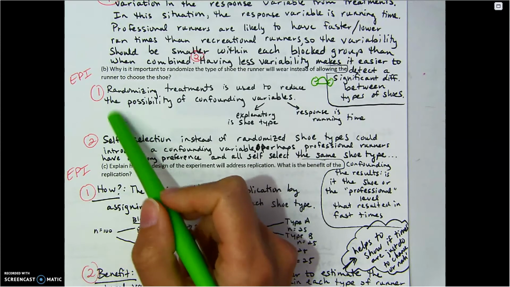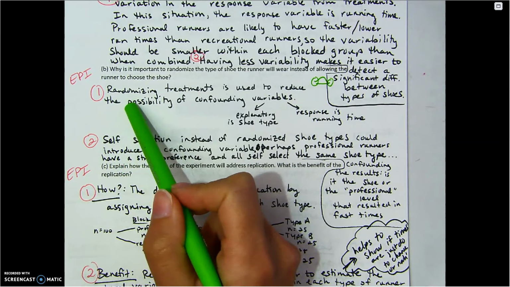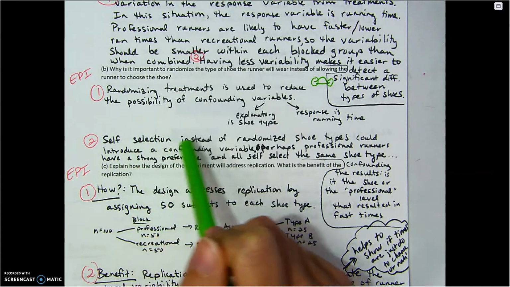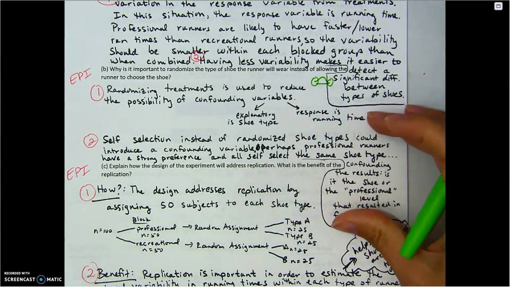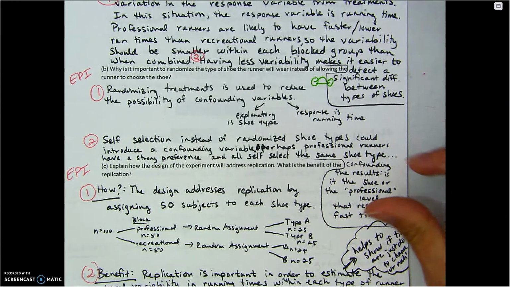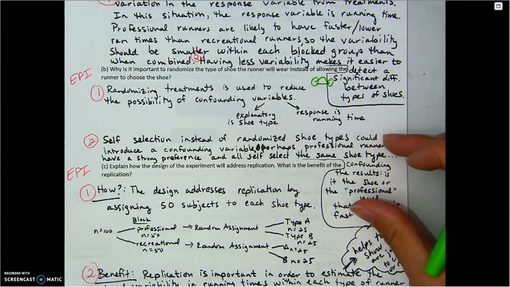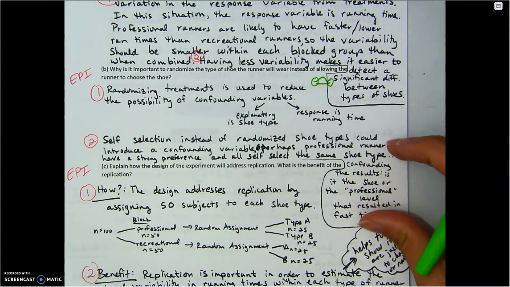So we're looking for two things here. They want you to define your variables, and then they want you to talk about some type of result. I went with the professional runners all gravitating towards the same shoe, but maybe you have something else if you thought outside the box. I don't know.